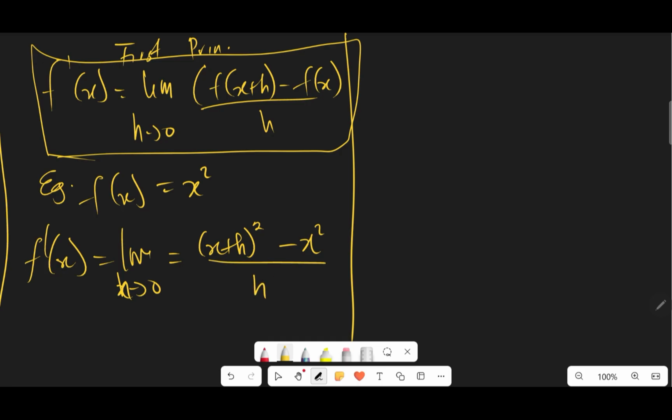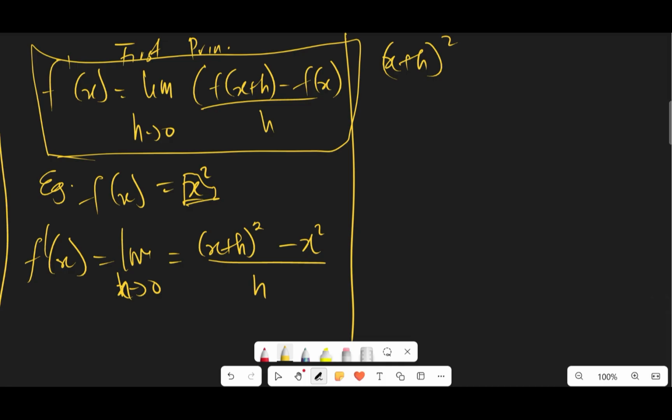So now you are using the first principle. Let me explain again. Anywhere we see x, we put x plus h. So from the f of x here, we change this x to x plus h. Then we continue with f of x again, so minus x squared. Now we have x plus h squared, and we have to expand it.